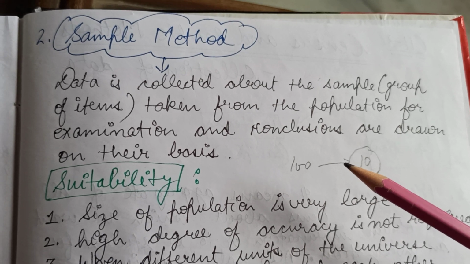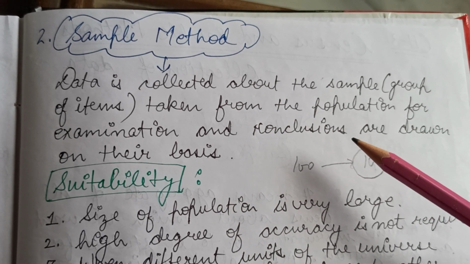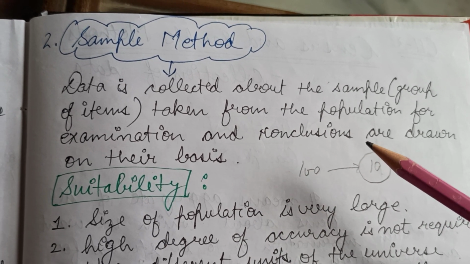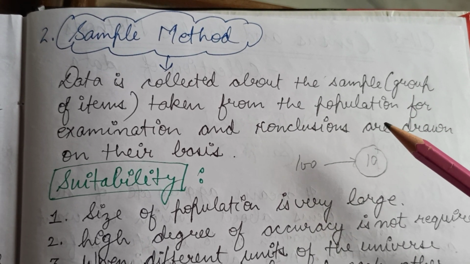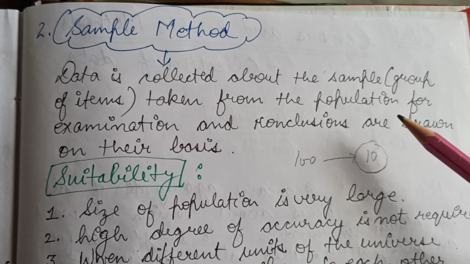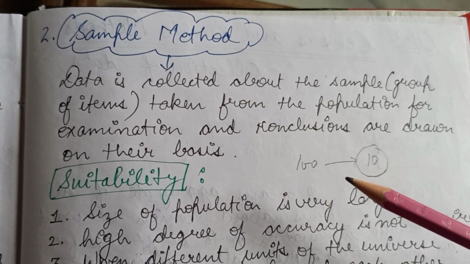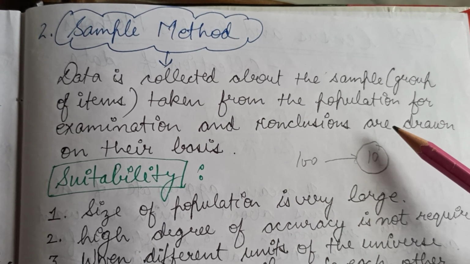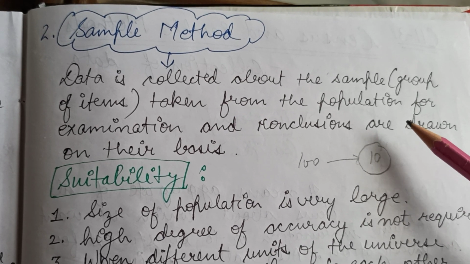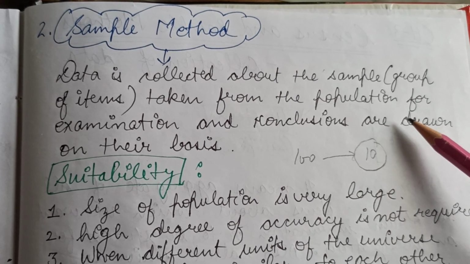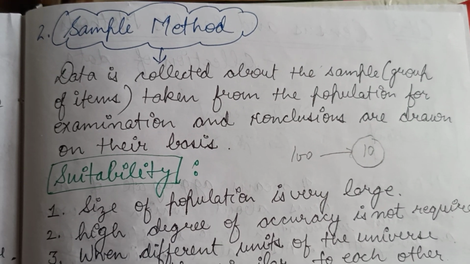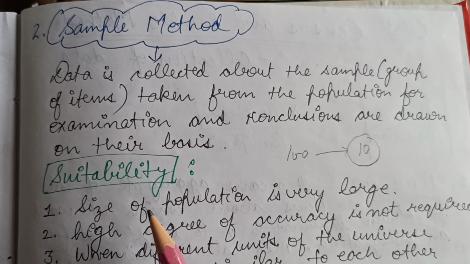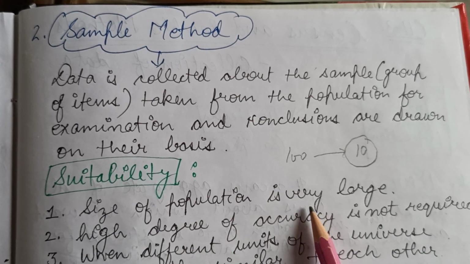If I contact each and every student of the school, that will be the census method. But if I take one student from each class of the school and draw conclusions on the basis of those students taken as the sample by me, that method will be known as the sample method.